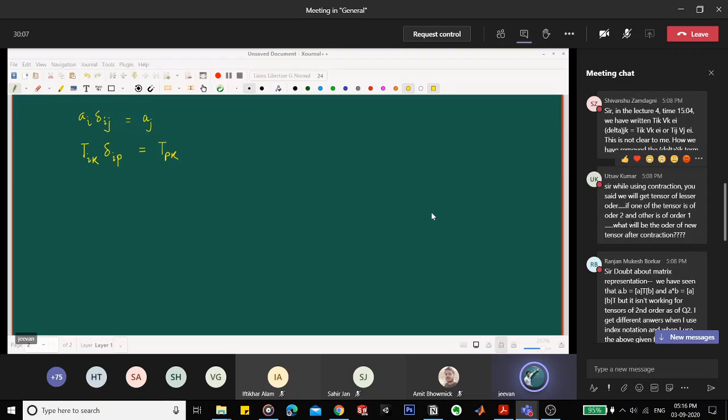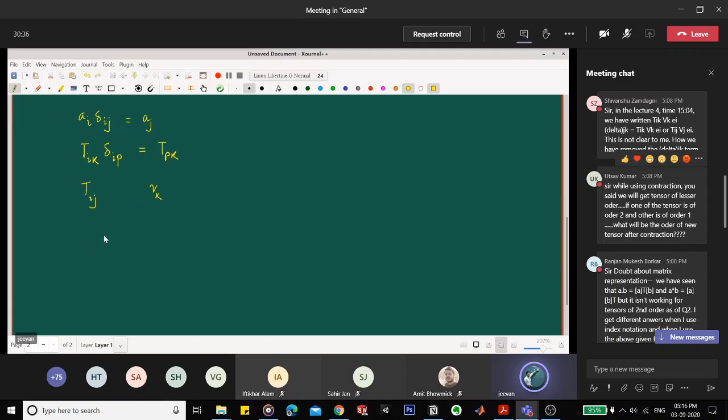We can quickly take a look. Let me go back to the writing app. Let's say our second order tensor is Tij, and there is a separate Vk. This Tij is a tensor of order 2 and this Vk is a tensor of order 1.